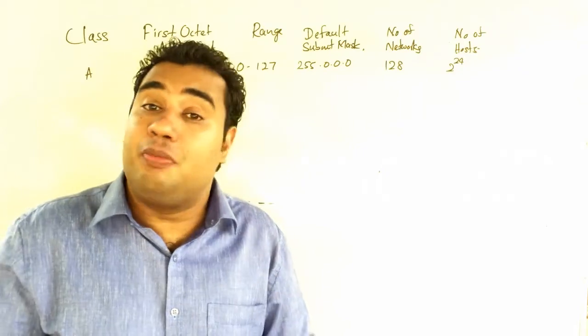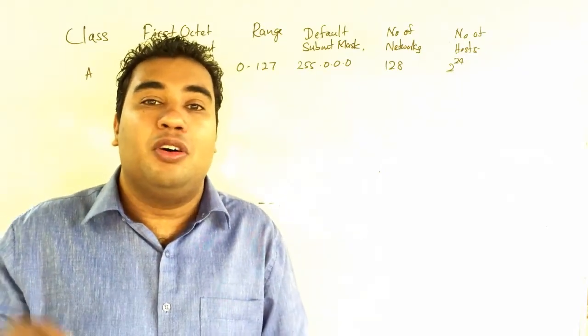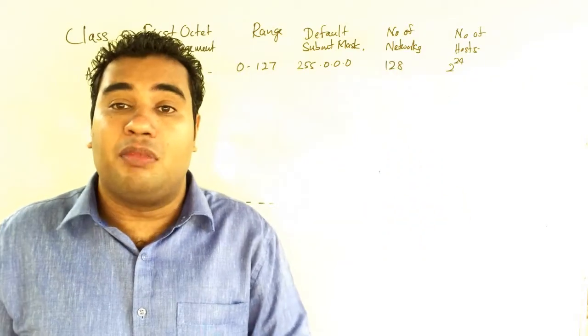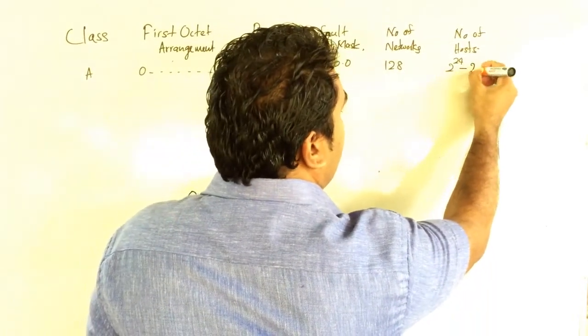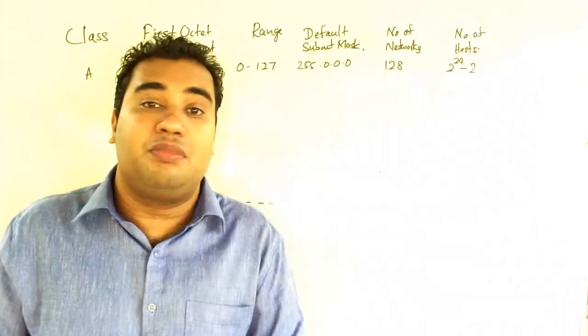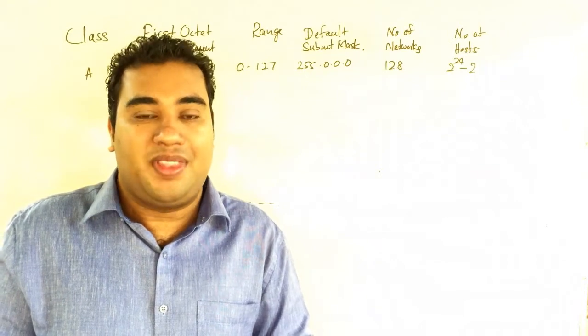These two addresses cannot be assigned to hosts or nodes, so they should be subtracted from this number of hosts, minus 2. Hope you got the idea. The network address and the broadcasting address cannot be assigned to hosts.